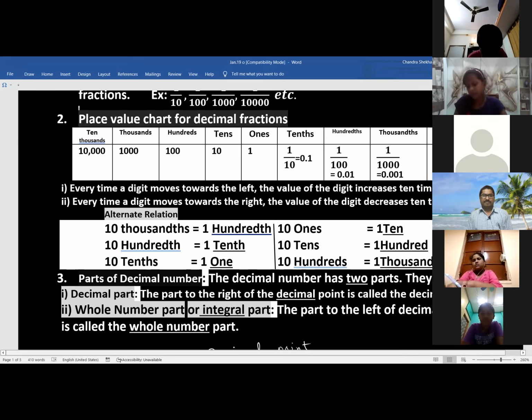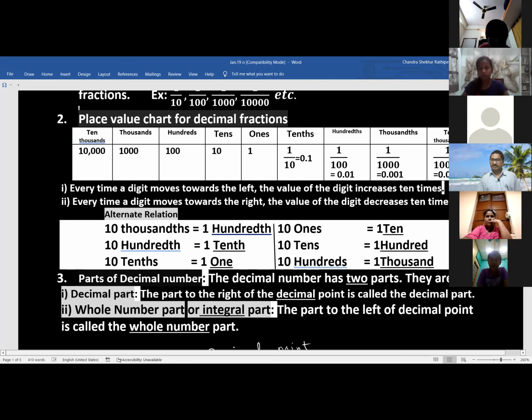What are they? Sir, decimal part or whole number part or integral part. No, you are confusing me. Say perfectly. Once again, say correctly. First one, decimal part. Okay, right. Next. Second one, whole number part or integral part. Yes, now okay.